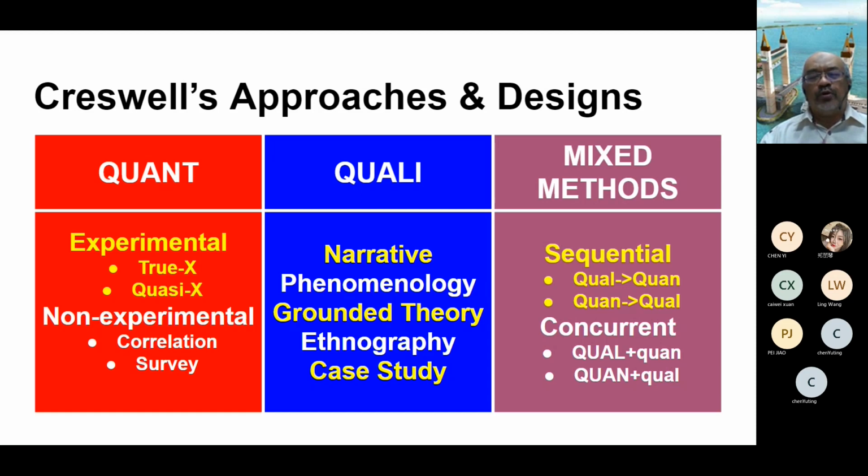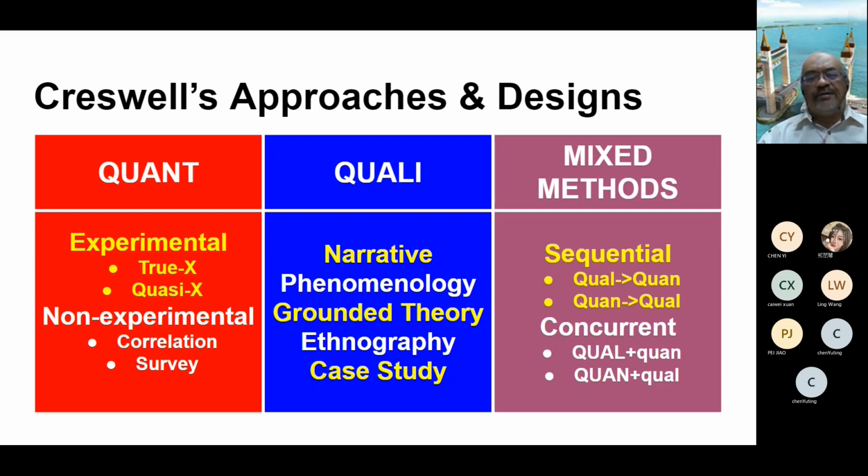The first thing we need to do is make ourselves familiar with the words, because for us they are a bit complicated, a bit long. But as soon as you get familiar with them, you can remember them and you can do the research. So the first thing is narrative, or narrative inquiry.